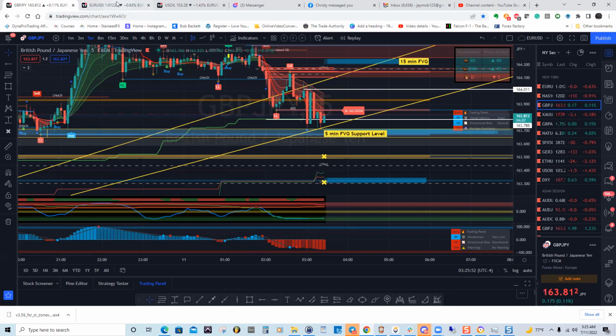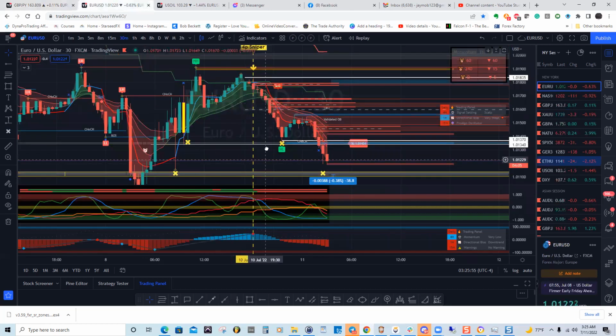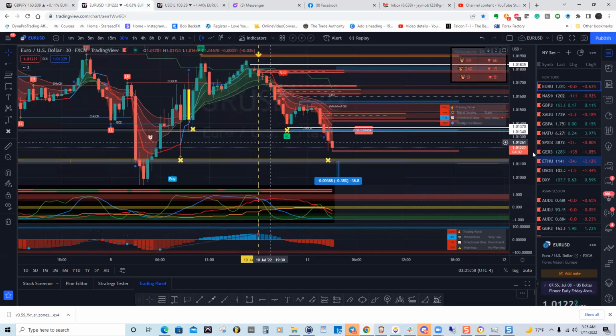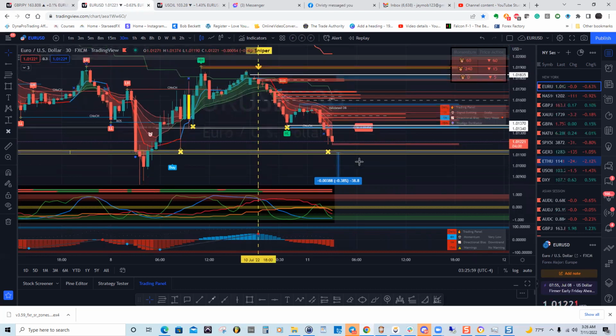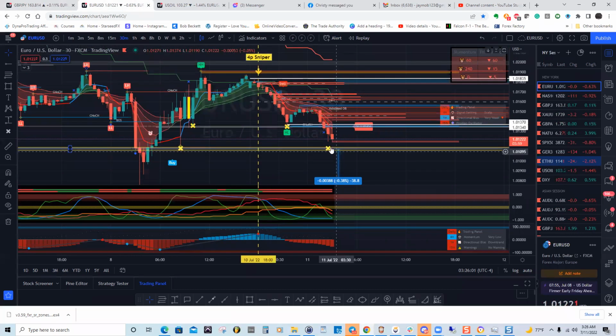What's EU doing? So you look at EU, it's coming down to my X. So I said earlier, if it comes down to X, if it comes down here and breaks this here, I'm jumping this trade. See that? If it comes down to X, I'm coming down and breaking that trade.